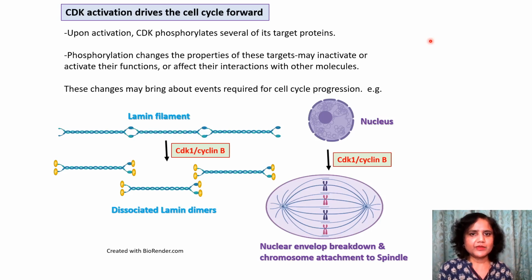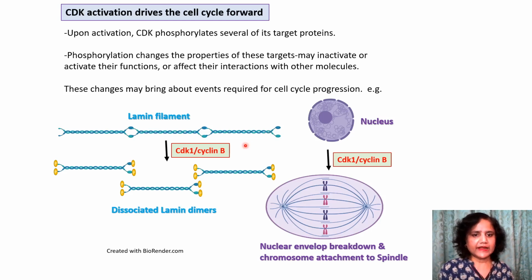So one example is shown here, which is of lamins. So lamin is the target of CDK, and lamin forms a part of the nuclear lamina, which is a region under the nuclear envelope. It forms a network under the nuclear envelope, and it does this by forming long filamentous structures.